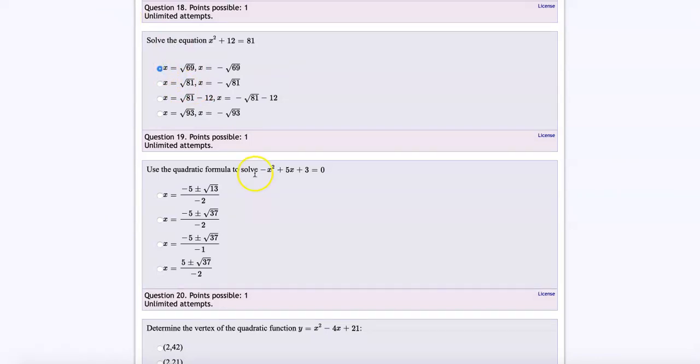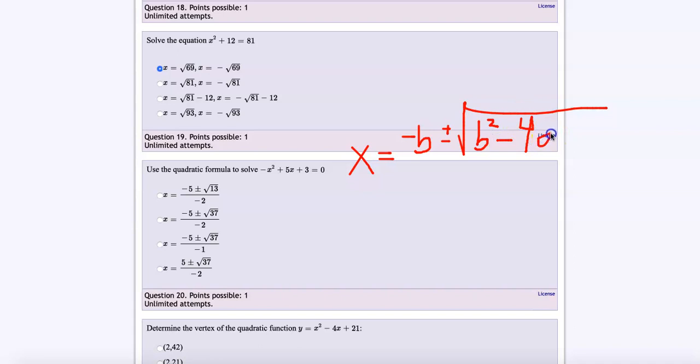Now, for the next question, number 20, you got to use the quadratic formula. And so you want to have that in your notes if you don't already have it memorized. X is equal to negative b plus or minus the square root of b squared minus 4ac all over 2a.